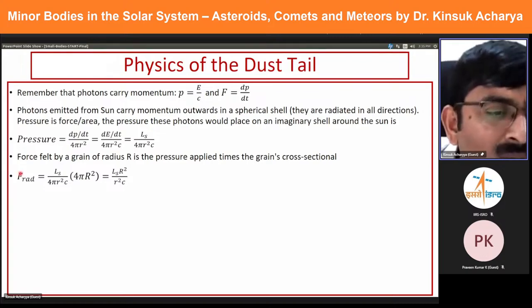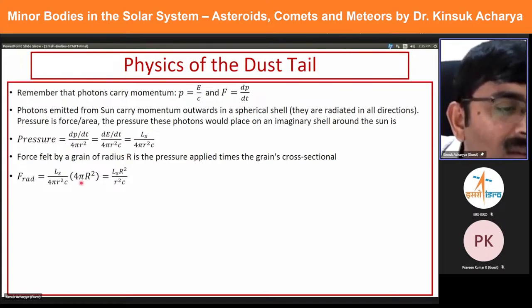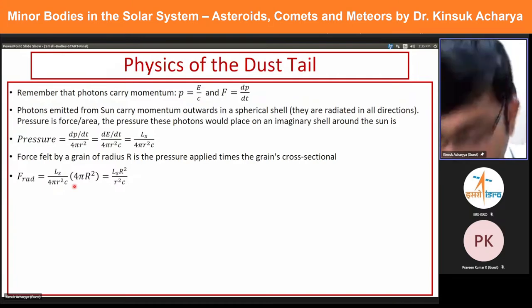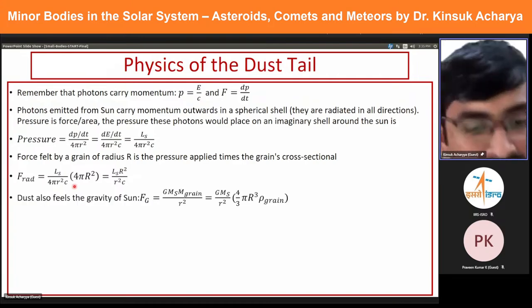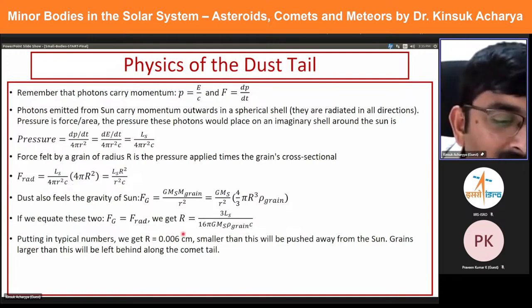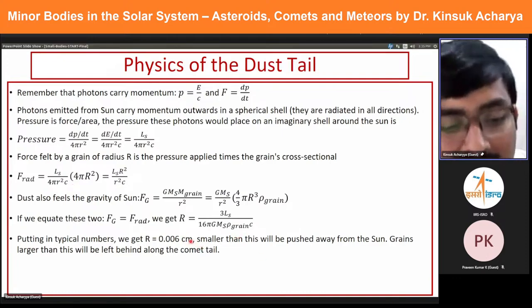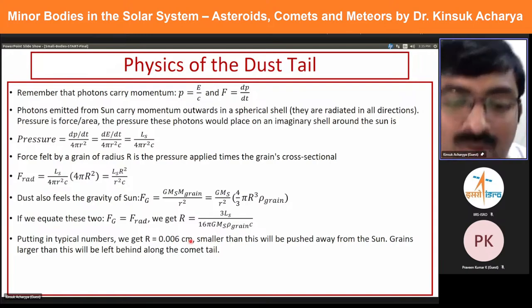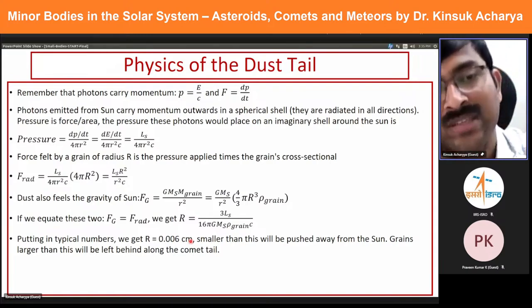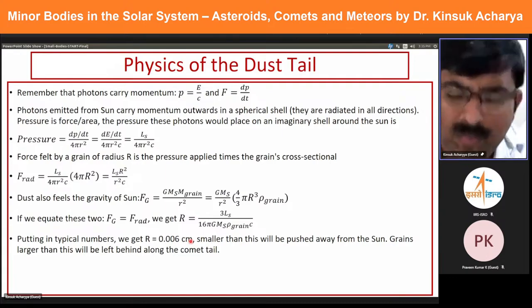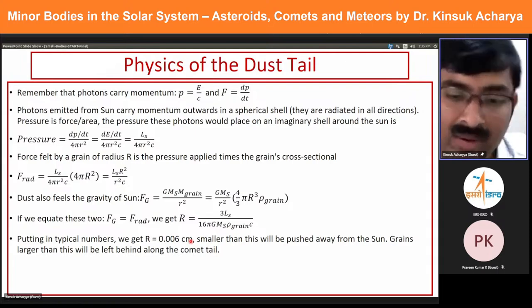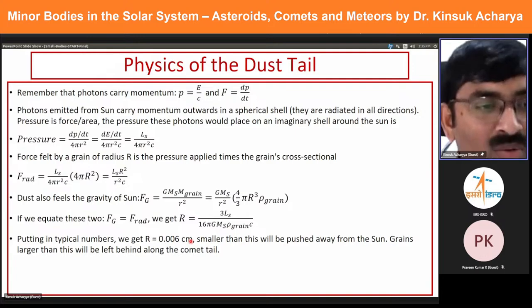Now if you look at a particular grain of size r, you can get how much force this dust is experiencing. You can do this as homework. You will find that if your grain size is smaller than 0.006, or 60 microns, the photons can take it away, and the bigger grains will stay back.